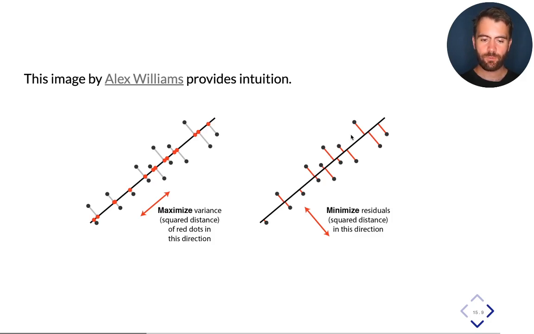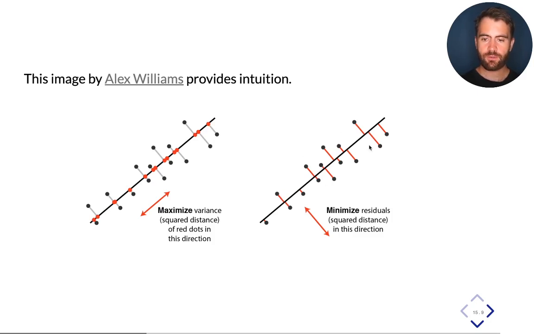Another view is that of variance maximization, which is that these red points, which are on this line, which are the projections, should be as spread out as possible. And it turns out that the line that maximizes the spread and the line that minimizes the distance to the points are the same lines.